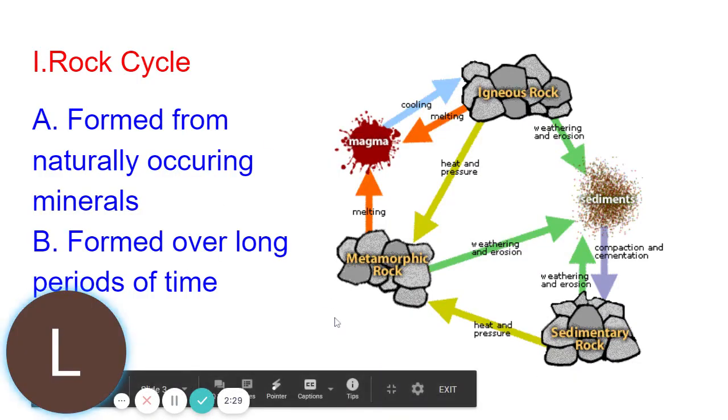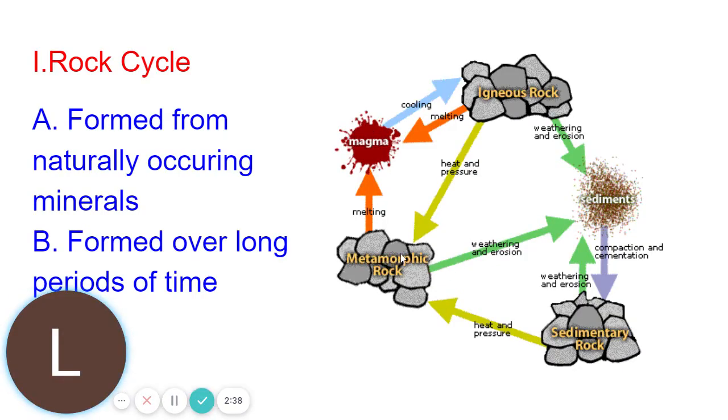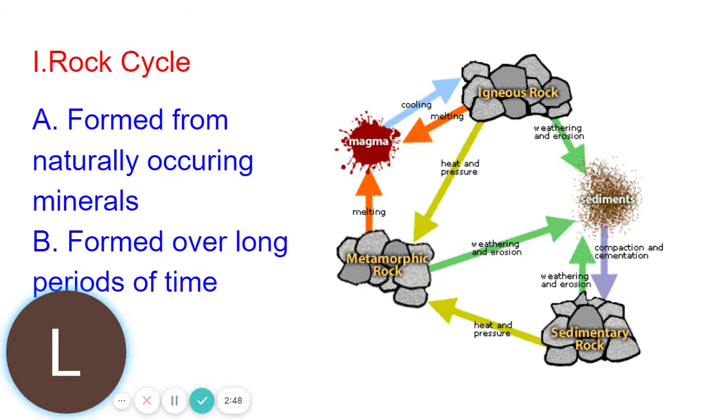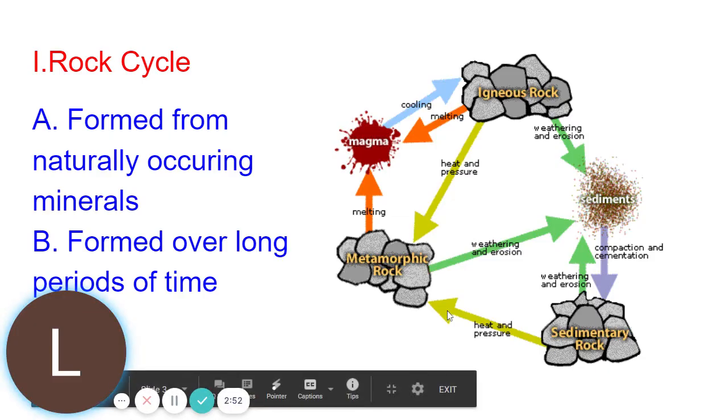And I'll show you on the plate tectonics where we would come in contact with the magma or the lava from underneath the earth. We have metamorphic rocks, which usually come from high heat and high pressure, and then sedimentary rocks, which usually come from weathering and erosion, where we're breaking apart minerals and then we're smushing them together with high heat, high pressure. So those are our three main types of rocks.